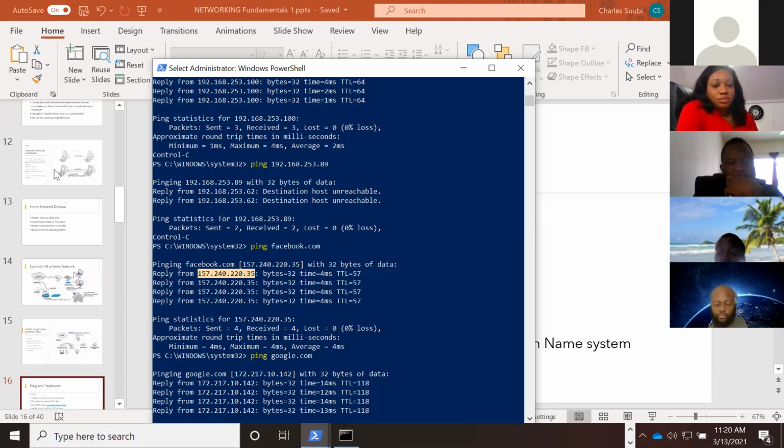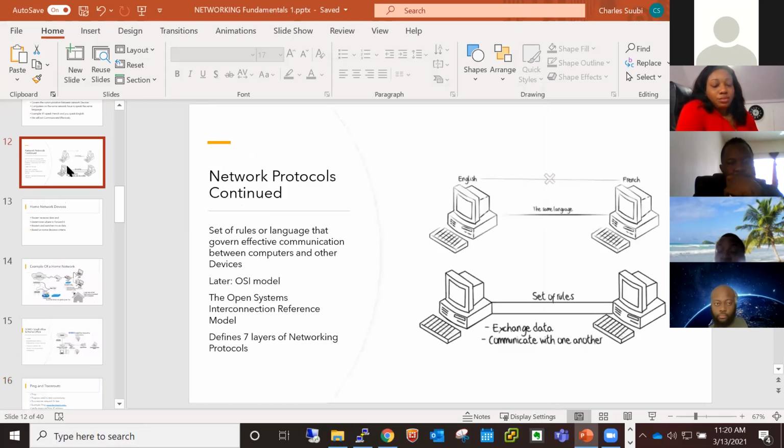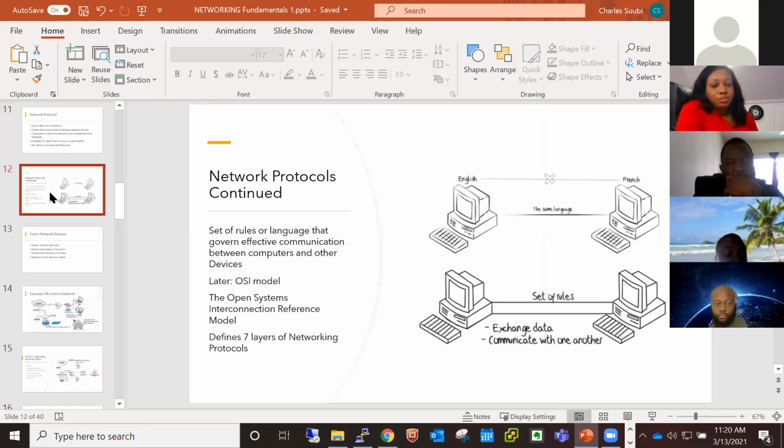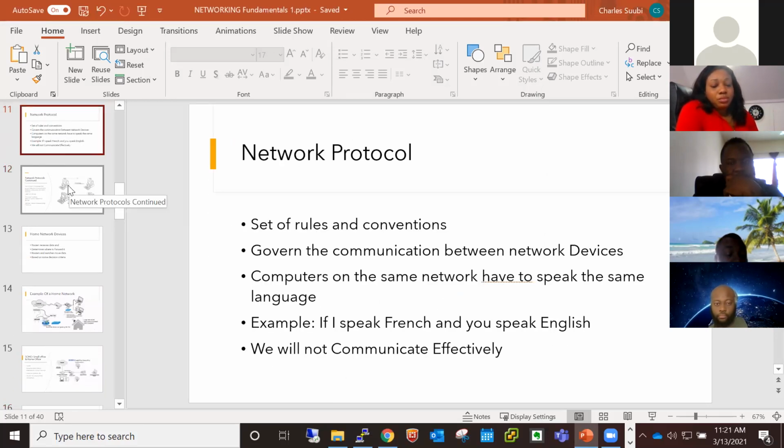They understand numbers. So a DNS server is able to translate facebook.com into numbers which the computer can understand. So when you type in facebook.com, the computer understands the numbers. That's why we see just the IP address for facebook.com.